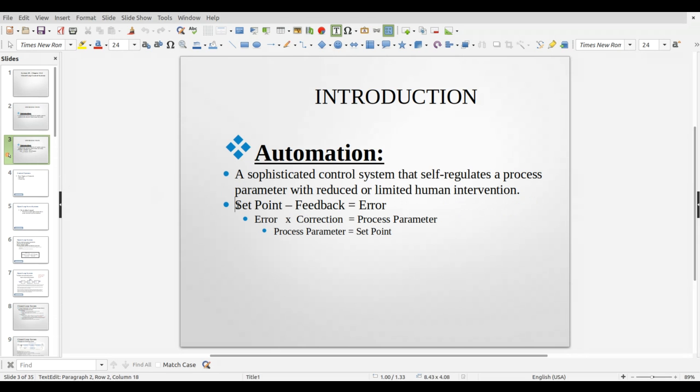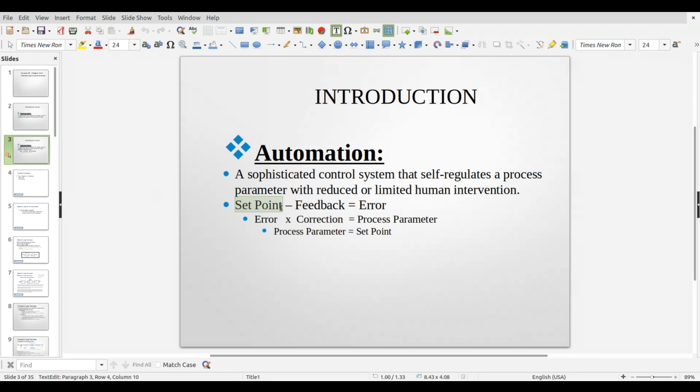All right, now the big thing we're going to be looking at is we're going to set a point. The operator is going to set the operation point, and then we're going to use sensors, analog sensors, transducers, to monitor the actual output of the system and feed that back.